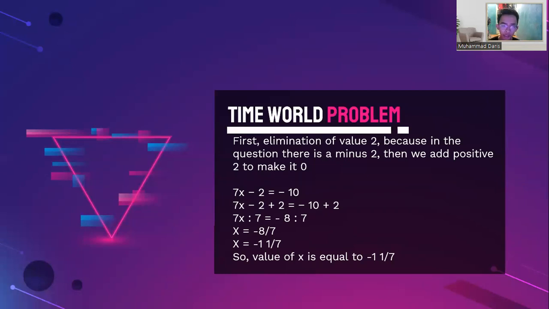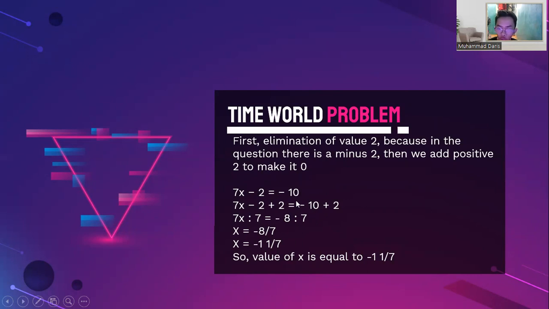7x minus 2 is equal to negative 10, and then we add 2 to both sides of the equation, and then 7x minus 2 plus 2 is equal to minus 10 plus 2, which is 7x is equal to minus 8.